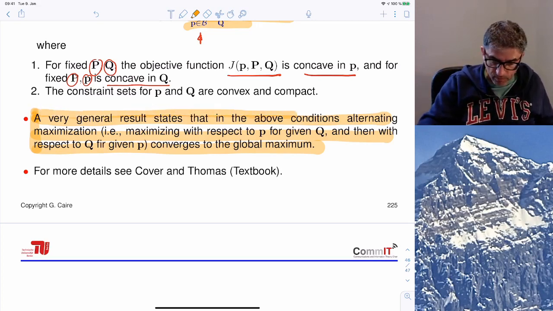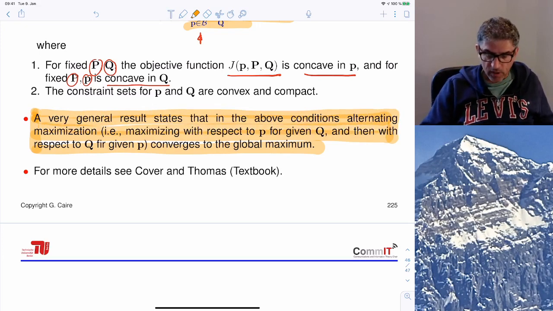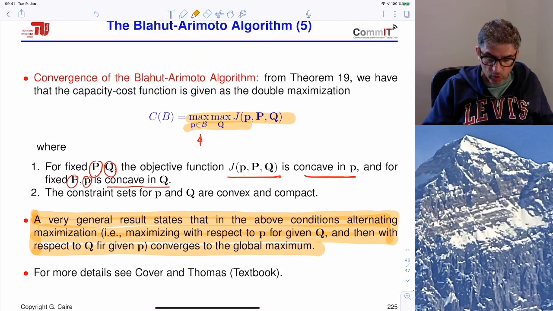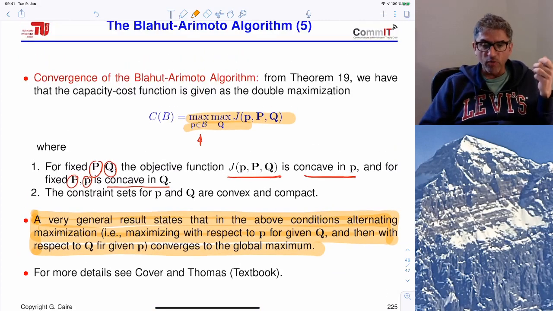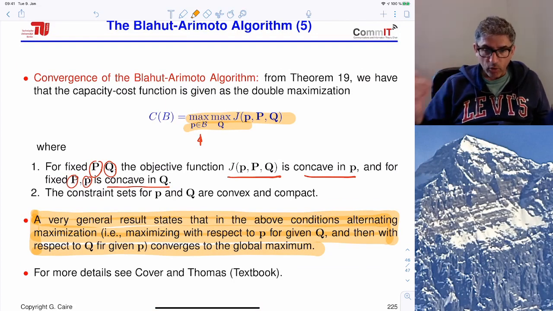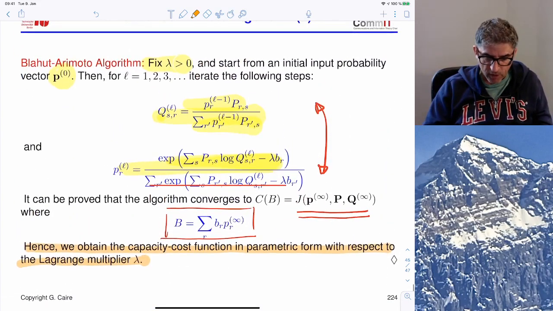Every time you can break an optimization problem by introducing auxiliary optimization variables, like in this case we had to introduce this Q because the maximization over P alone is difficult to do, but if we have now two variables, P and Q, and the problem is convex, we can start doing alternating maximization, and each sub-problem becomes easy to treat because we have an explicit expression here.